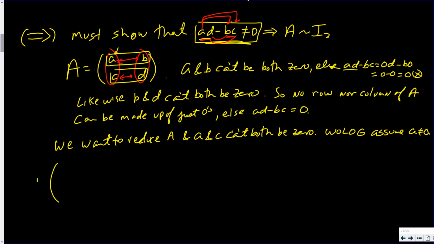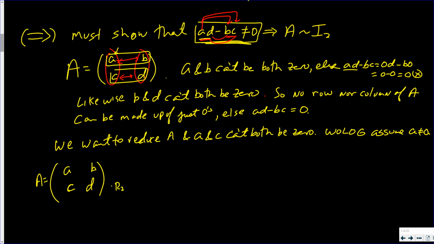Now, A is A, B, C, D. If I want to get the C to be 0, even if it already is 0, it'll stay 0 under this multiplication.